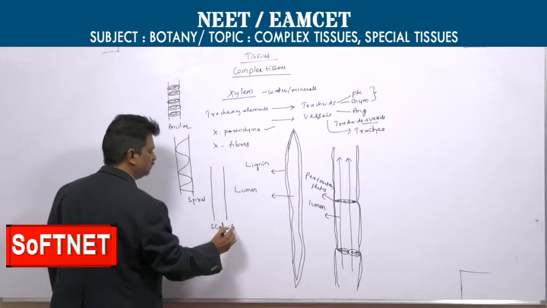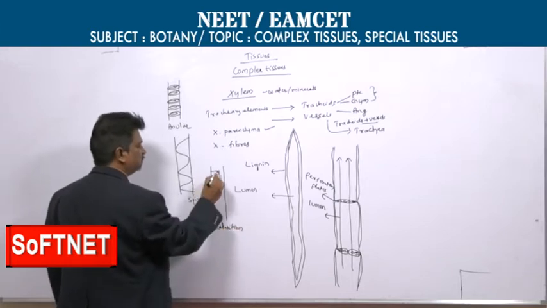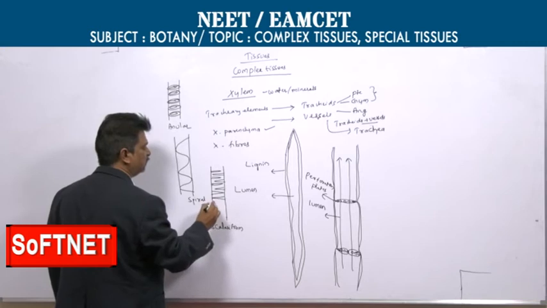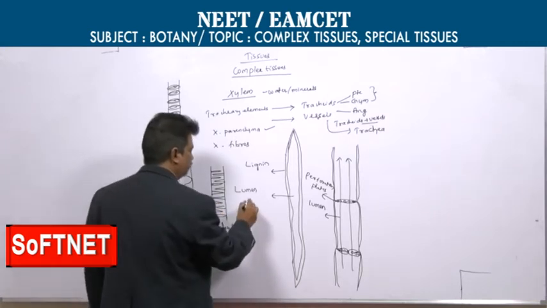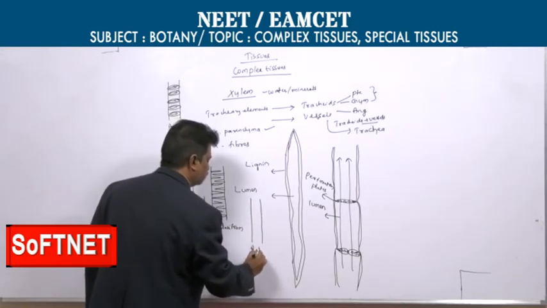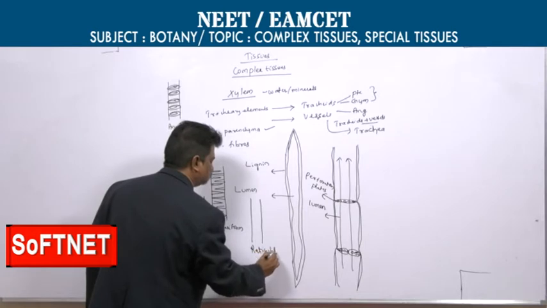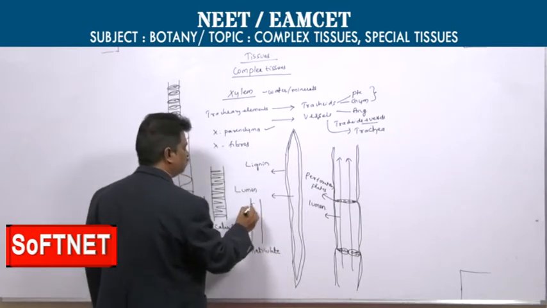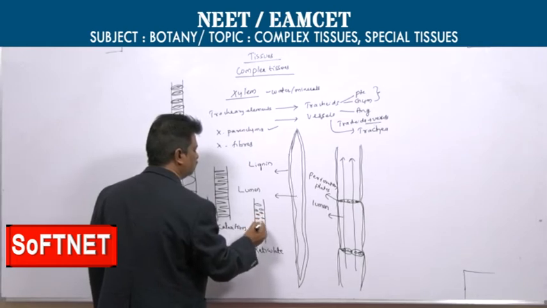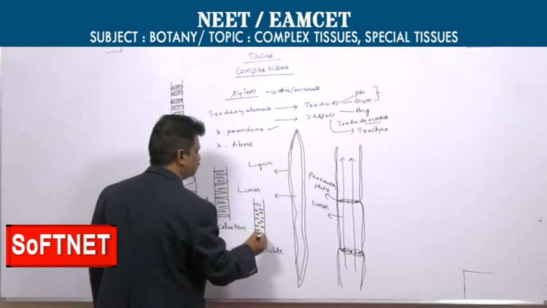Scalariform means the lignin deposition is ladder-like. Then next one, reticulate. Reticulate means the lignin deposition is net-like.